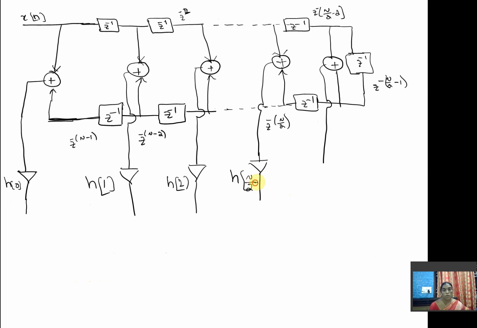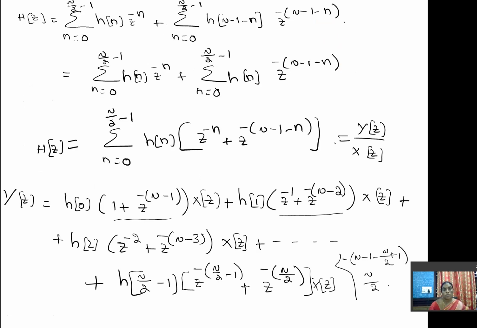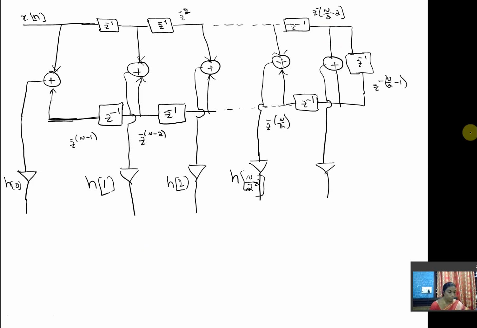In a similar way here also use the multiplier. What is that here? Z power minus of n by 2 minus 2, for the previous term. It's okay, right? Now here add all these multipliers. This is n by 2 minus 1. Now add all this.